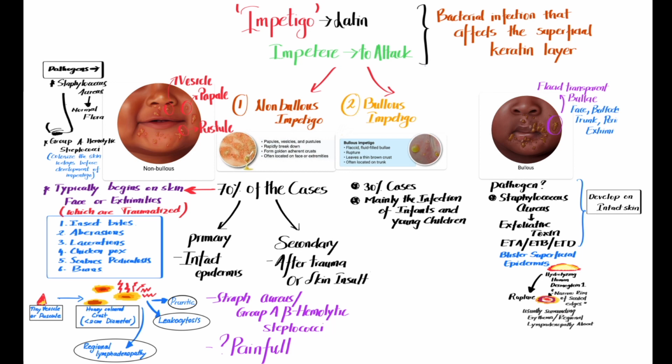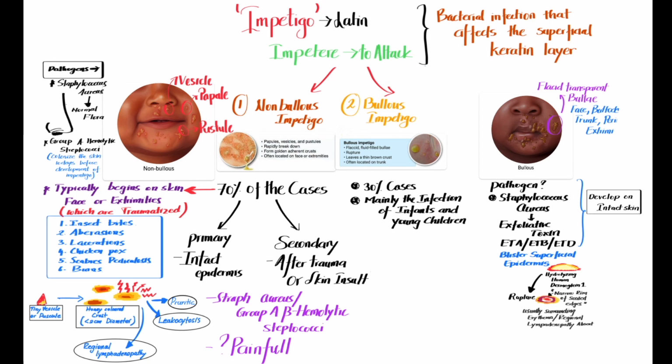Itching further causes more traumatization and more spread of this infection. This can also cause regional lymphadenopathy, and systemic infective features like leukocytosis also can be seen in primary or secondary non-bullous impetigo.